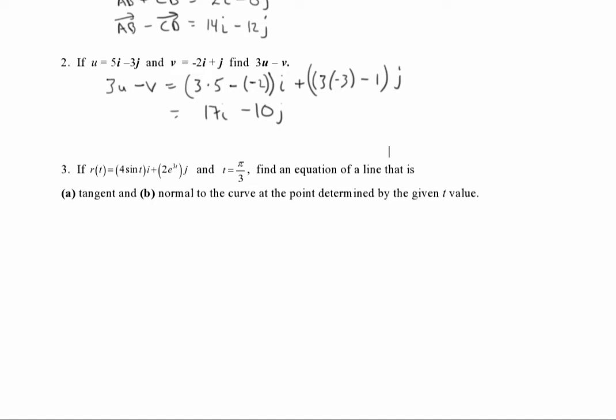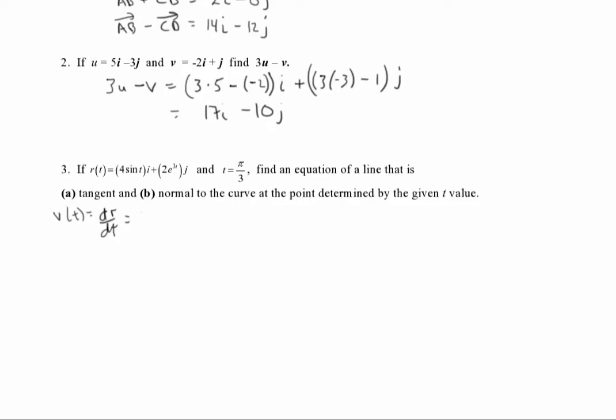For this one, we're given the position r equals this, and at t equals pi over 3, find the equation of the line that's tangent and normal. So we just need to go through our process just like normal. v of t is equal to dr/dt.